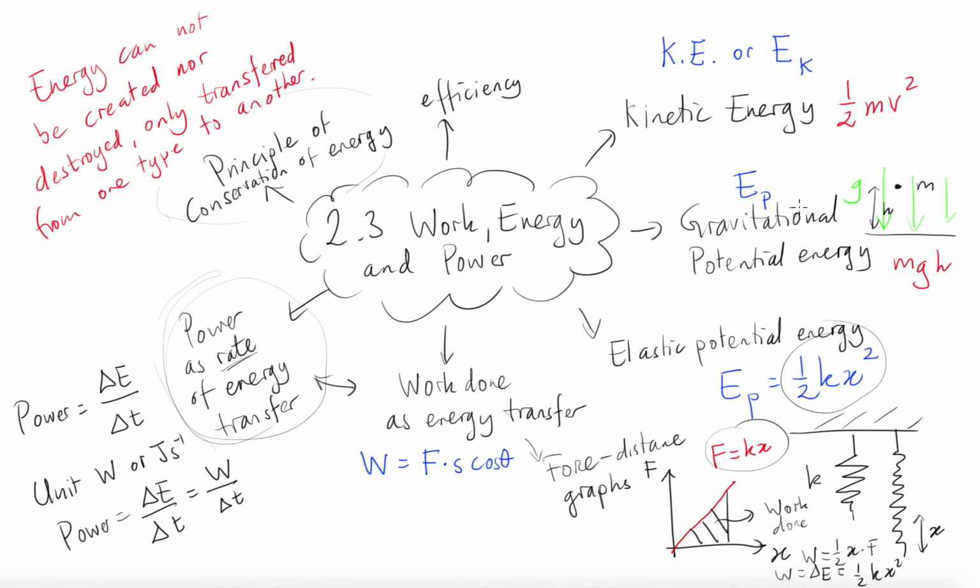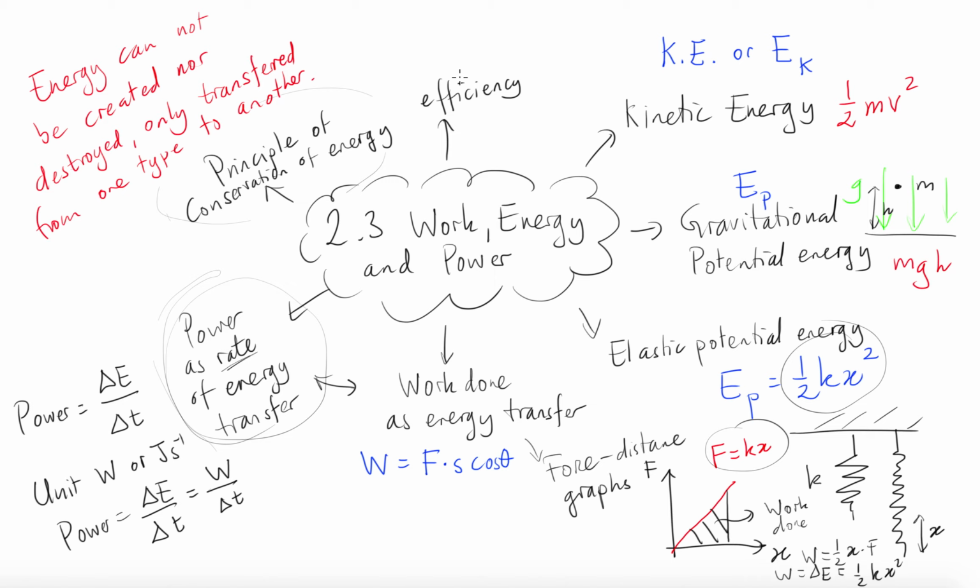So a simple example of that is if I hold the mass up in a gravitational field, it has gravitational potential energy. As soon as I release that, it will fall towards the ground, and the gravitational potential energy will be converted into kinetic energy through the principle of conservation of energy. But if we were to add up all the energy before and add up all the energy after, then through the conservation of energy principle, they should be equal.